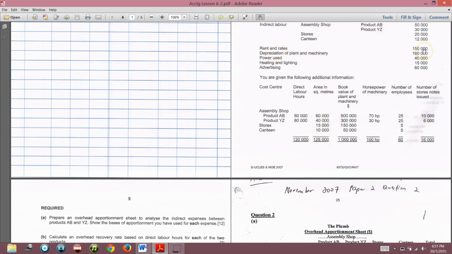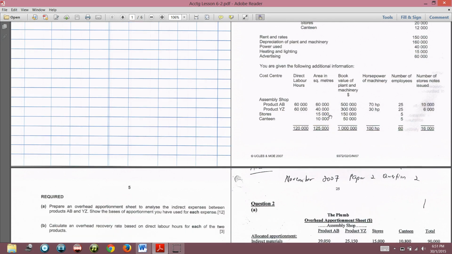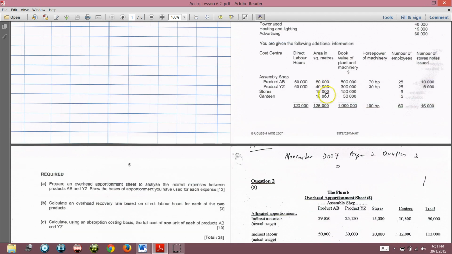It is very logical, because the more area the department occupies, the more rent and rates overhead costs they should take. Fair enough? Yeah, fair.